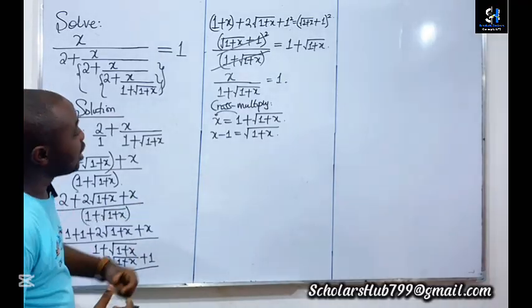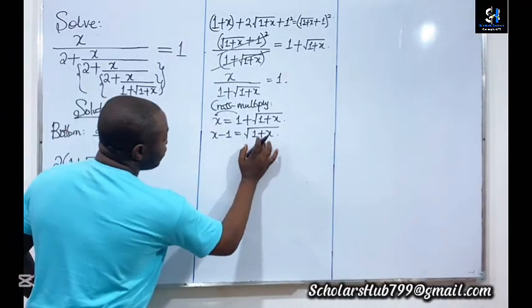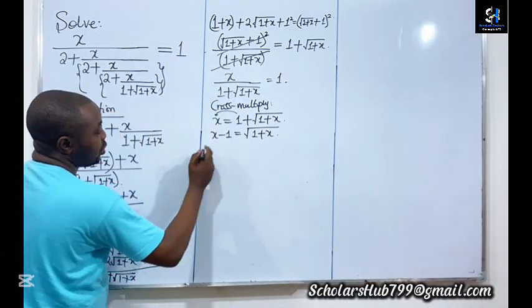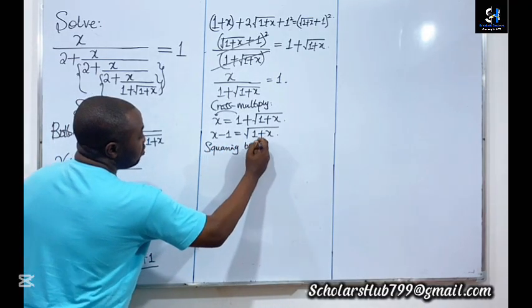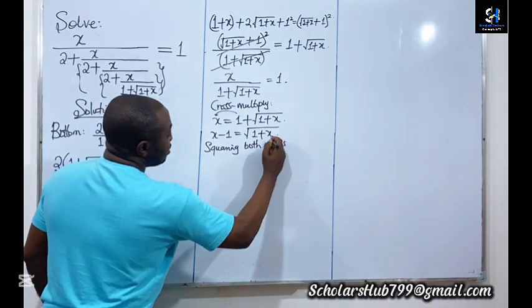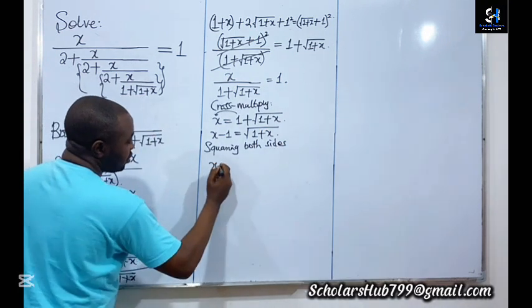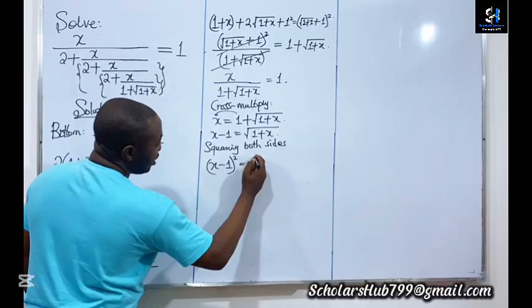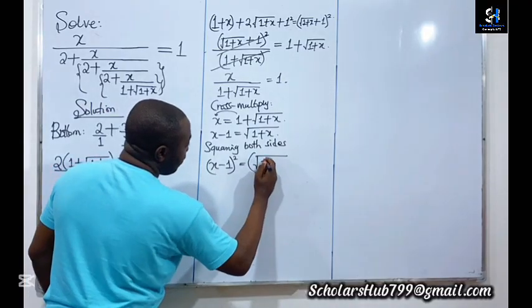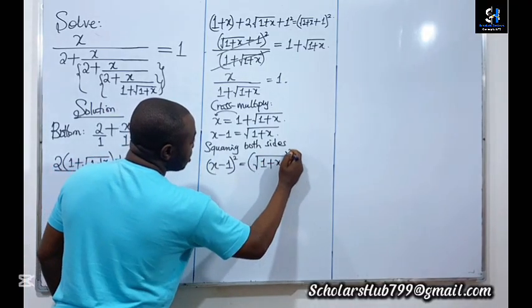Now let's get rid of the square root sign. To do that, we square both sides of the equation. So this will be the square of (x minus 1) equals the square of the radical of 1 plus x.